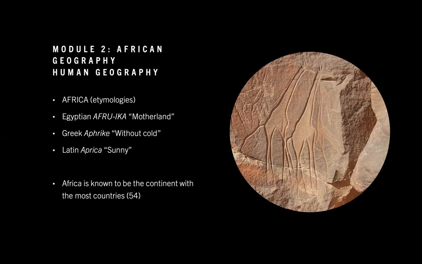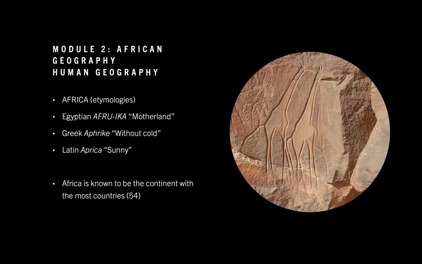Another claim is that it came from the Greek Afraik, which means an area without any cold. So again, referring to its very hot climate. Another claim is that it came from the Latin Africa, referring to the term sunny or maaraw.